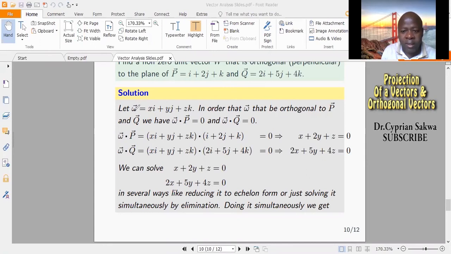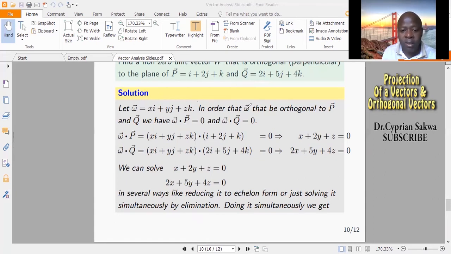We want omega to be orthogonal both to P and Q. In other words, we want omega dot P to be 0 and also omega dot Q to be 0. Because if omega is orthogonal to P, then the dot product should be 0. And again, if omega is to be orthogonal to Q, then the dot product between omega and Q must also be 0. So I said let omega be xi plus yj plus zk.